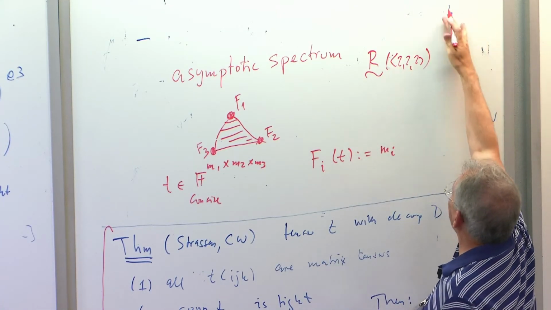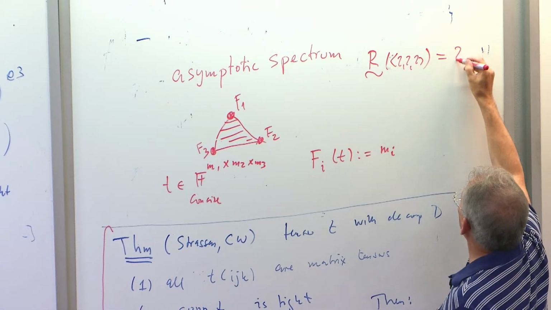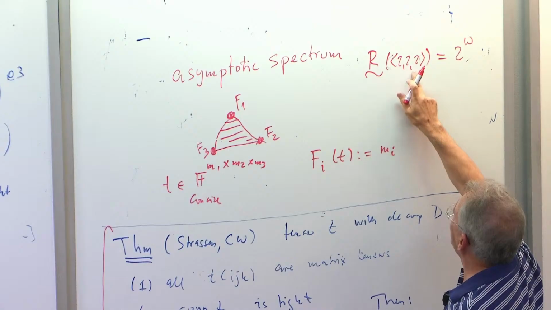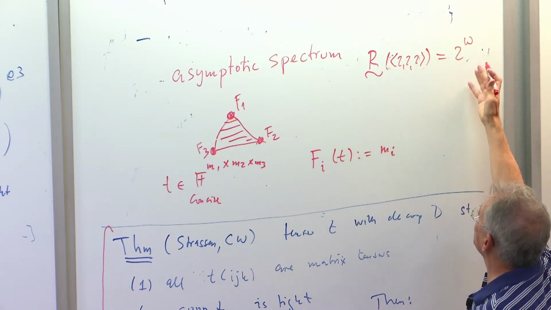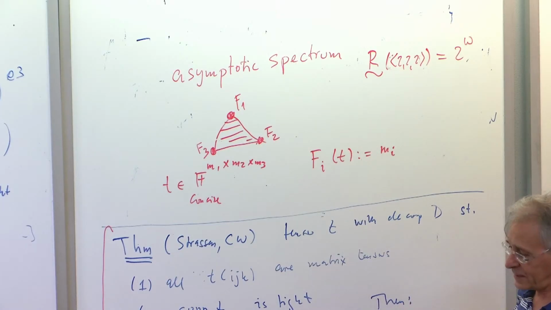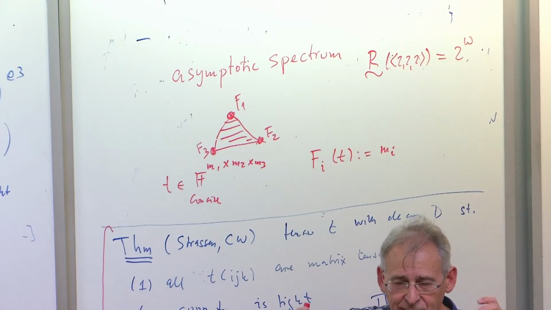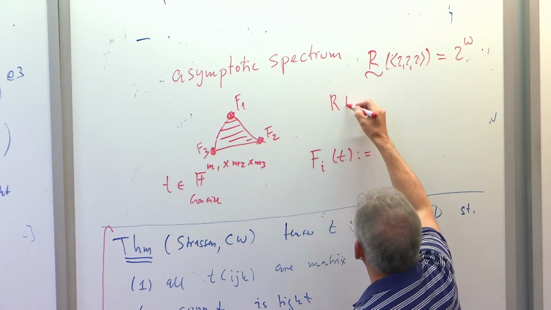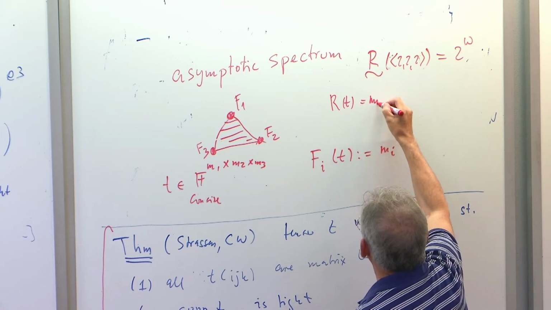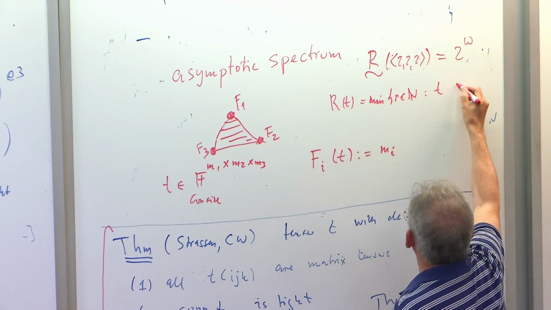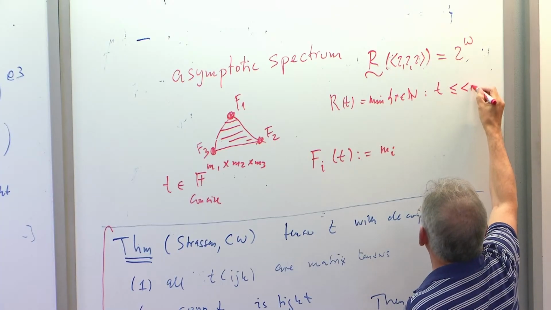But whatever it is, the asymptotic rank of the 2 by 2 matrix multiplication is 2 to the omega. So we don't know the value, right? So what is the rank? You have a tensor, and the rank is the minimum R in N such that the tensor is, in the sense of restriction, less than or equal to the unit tensor of size R.